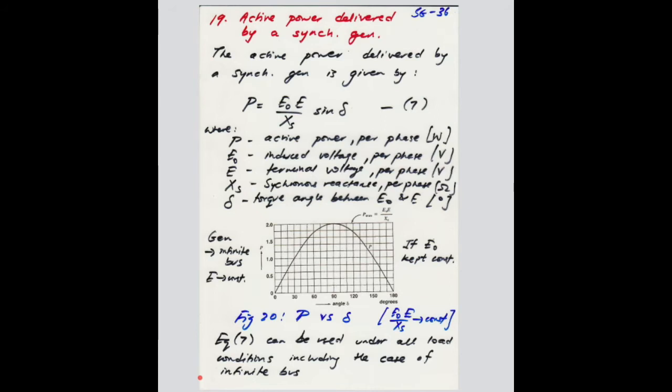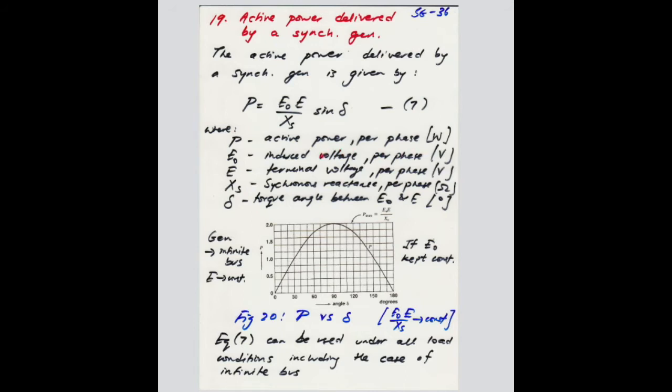If you look at section 19, it's presenting equation 7, right? And equation 7 is an equation that you will use quite a lot in this first chapter on the synchronous generator. It's the equation that gives you the active power per phase for a synchronous generator.